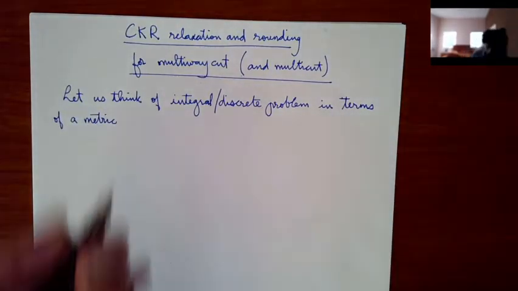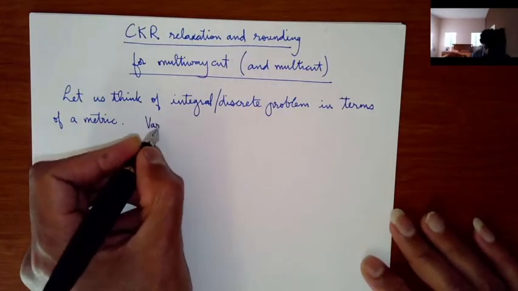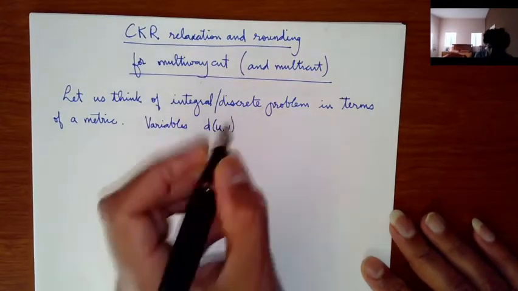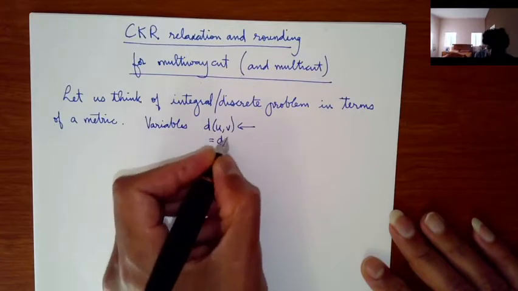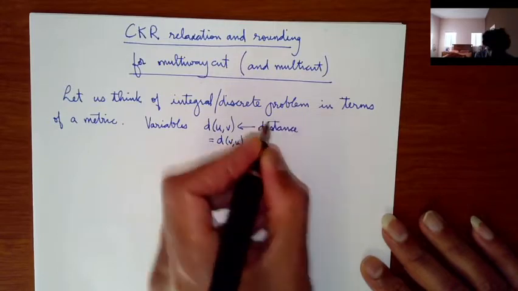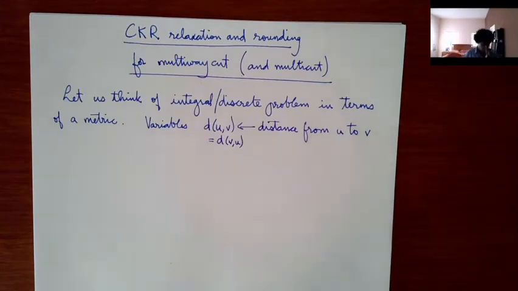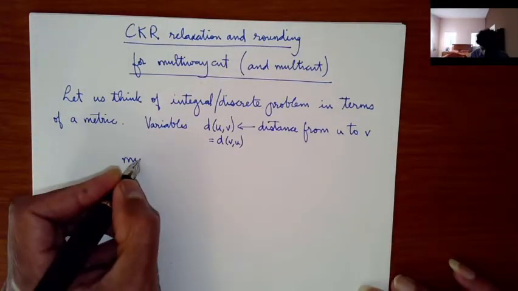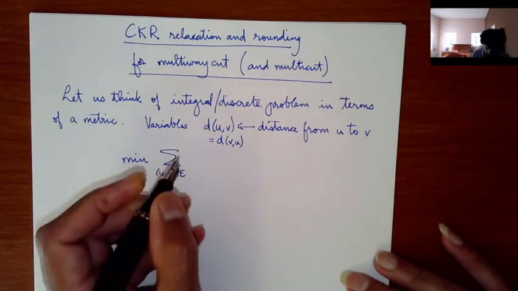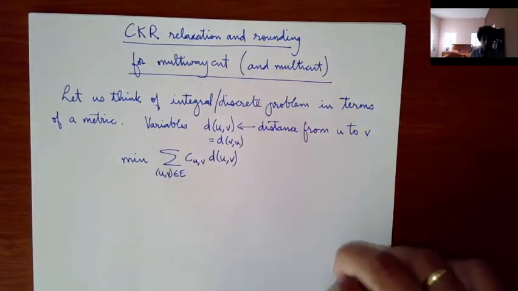Okay, so what's the idea? The idea was to say that we have variables d_uv, which is going to be equal to d_vu, so symmetric, which is the distance from u to v. And we're going to minimize the sum over all edges of the cost of that edge times the distance of the vertices in that edge.